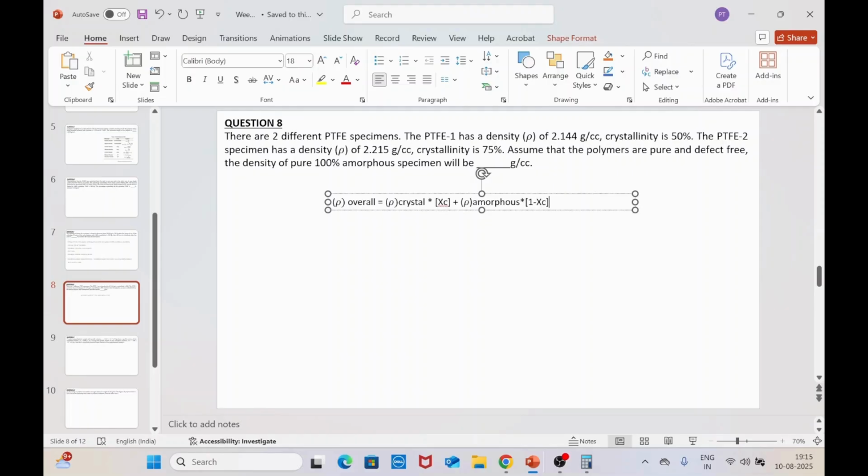You can also express it as xa, but let me keep it as 1 minus xc. Does this equation make sense?